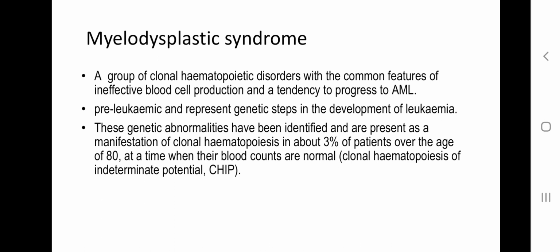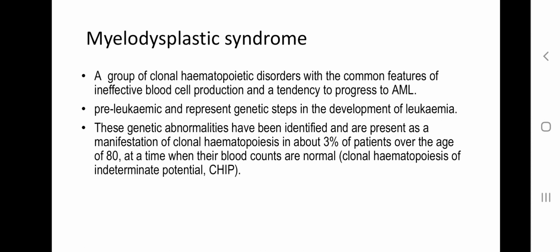Myelodysplastic syndrome is basically a disease of older age, the elderly, and there are genetic abnormalities that result in clonal hematopoiesis. These genetic abnormalities have been identified as a manifestation of clonal hematopoiesis in about 3% of patients over the age of 80.